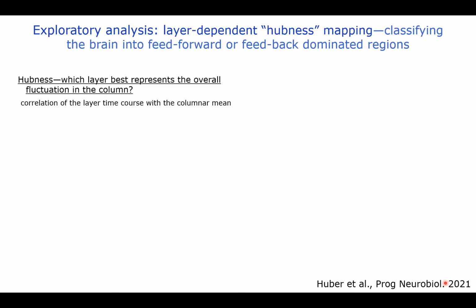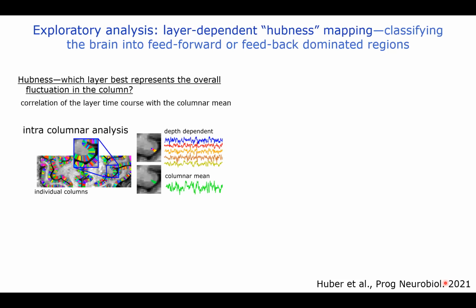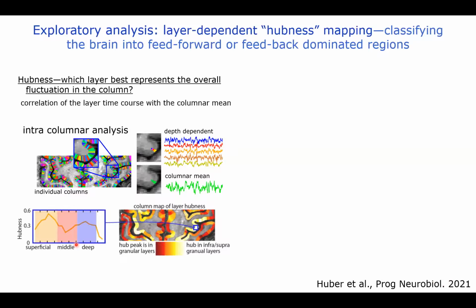So this is an interesting analysis where the harmonics are defined by which layer best represents the overall fluctuations in the column. The idea is that across the column, you correlate the signals to the mean of the signal across the column, so you get the profile of the correlation across different depths.